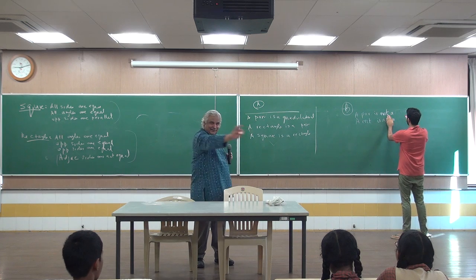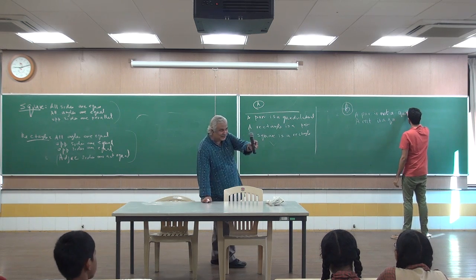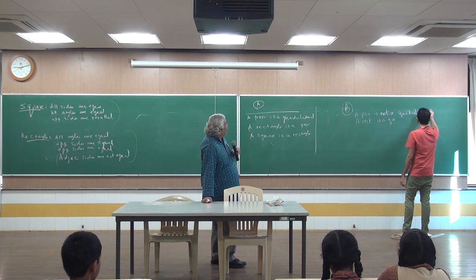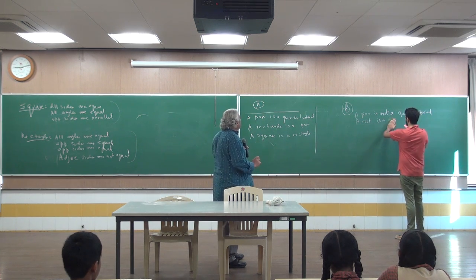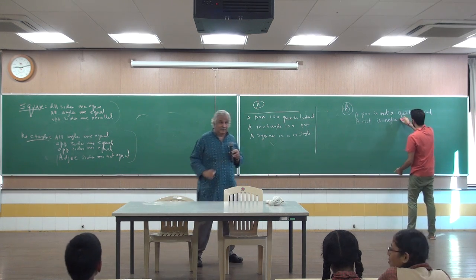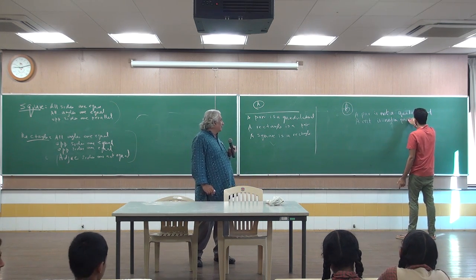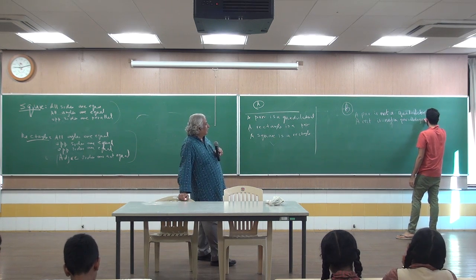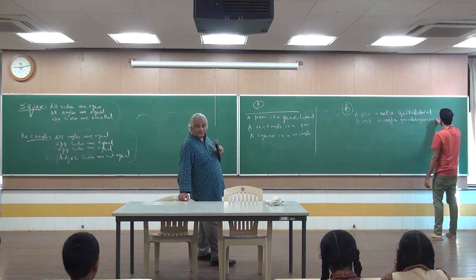Let's finish this, then you can, wait, hold on for a second. A rectangle is not a parallelogram or a quadrilateral. And the square is none of those.